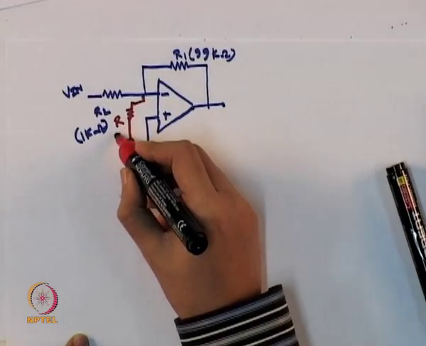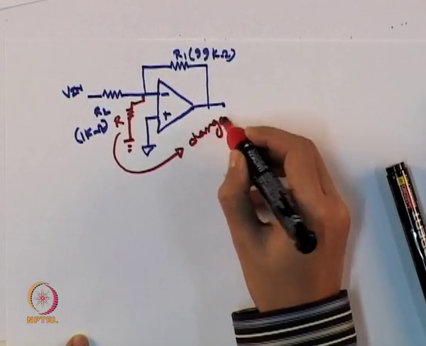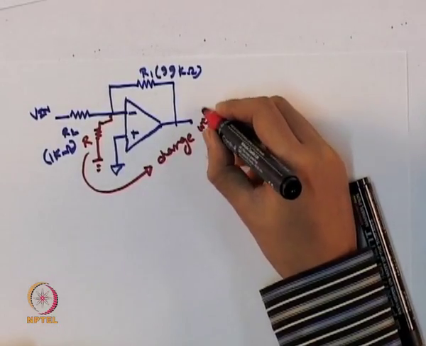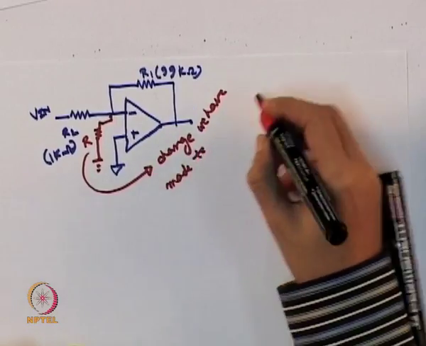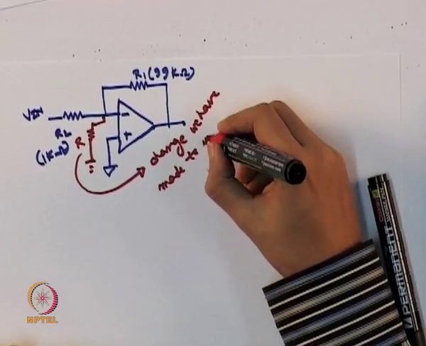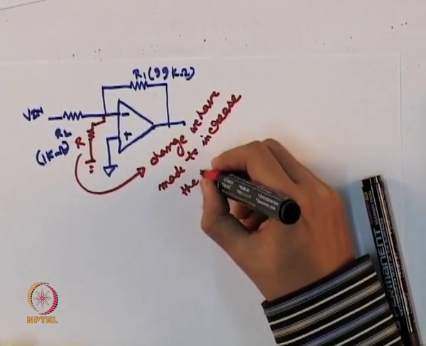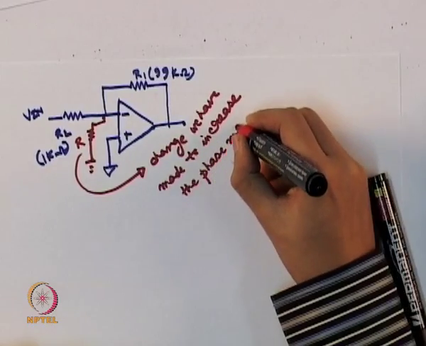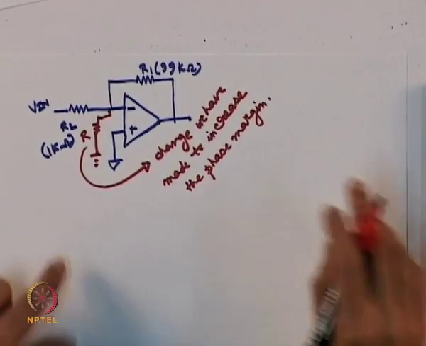This is the change that we have made to increase the phase margin. So, why is the phase margin increasing?